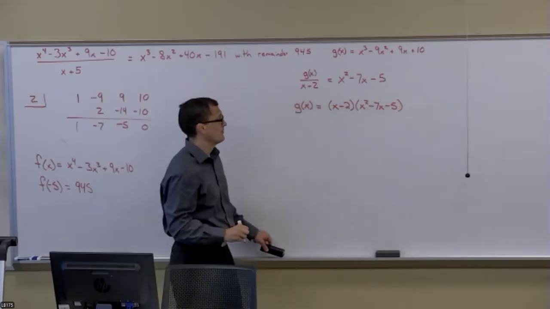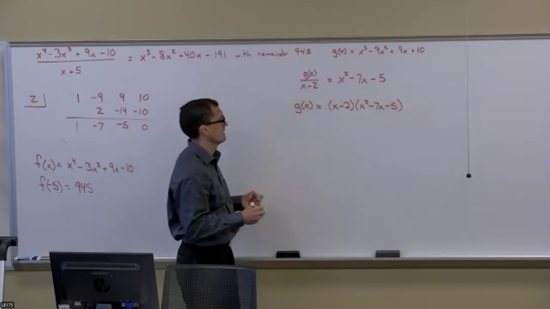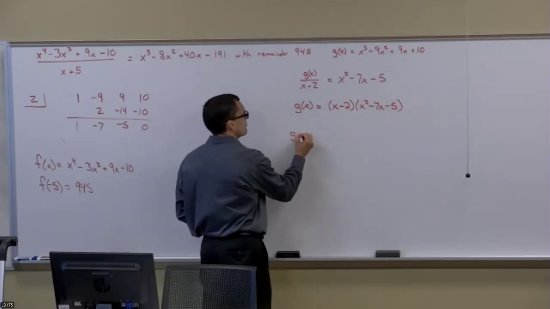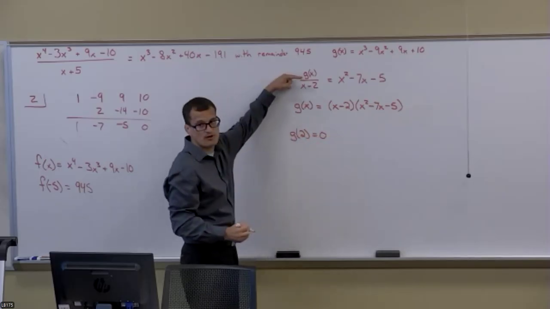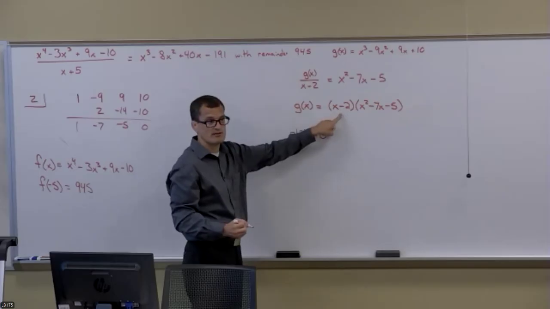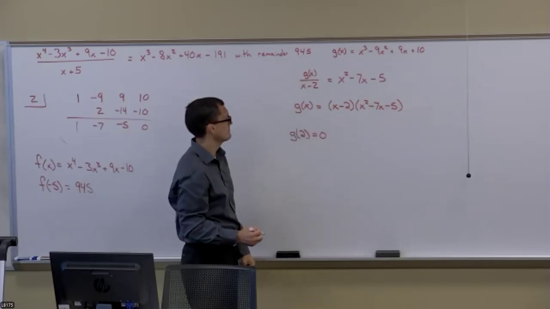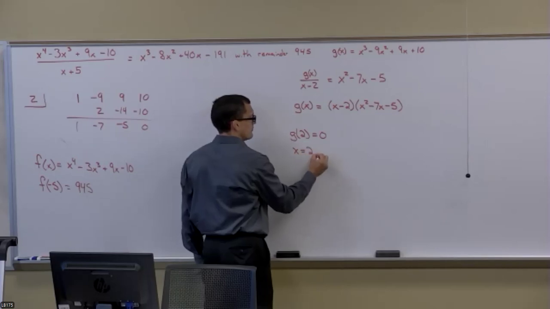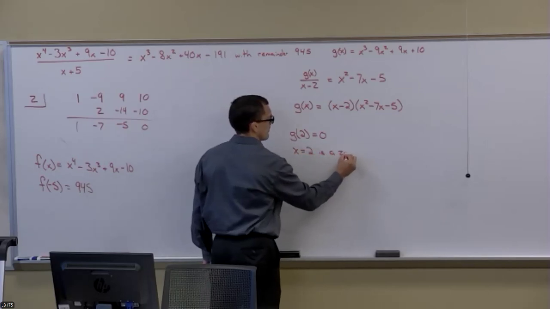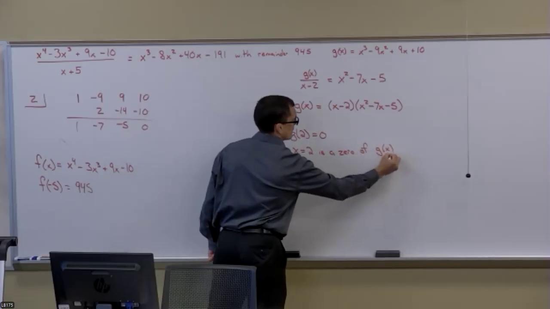And also, because I've written it that way, or you can see it in a different way, when you plug in 2, we know we get out 0 because we have the remainder of 0, or you can see it right here. Does that make sense? So x equals 2 is a 0 of g of x.